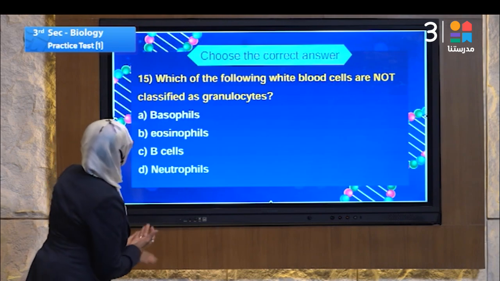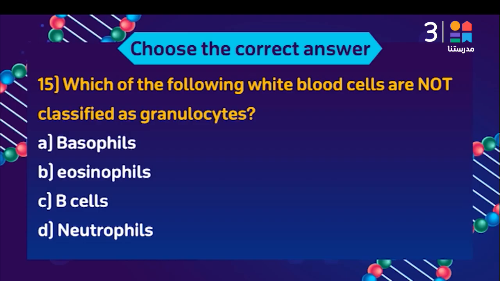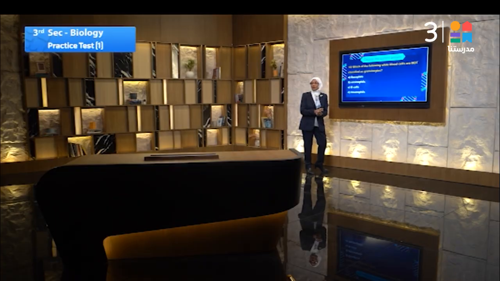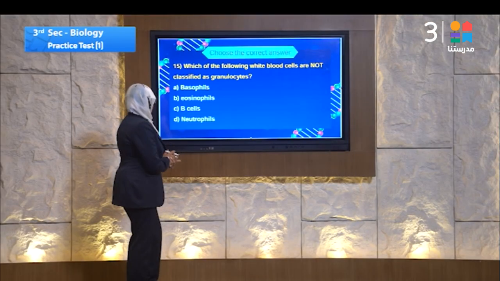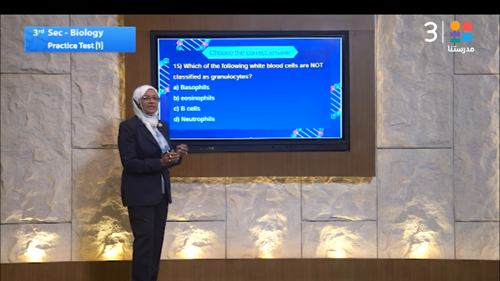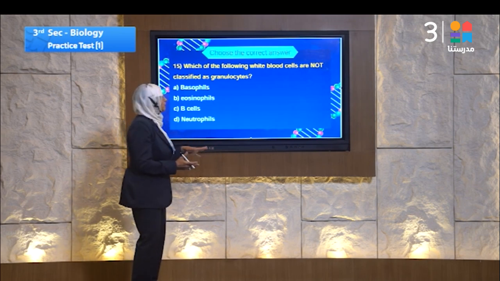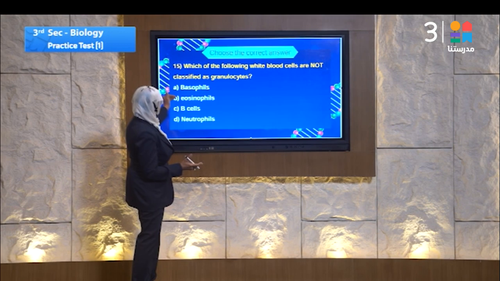Let's go to 15. Which of the following white blood cells are not classified as granulocytes? Granulocytes. Which of these cells have granules? Granules means a white blood cell which contains granules inside the cytoplasm. Which of them? Basophils, eosinophils, or neutrophils?